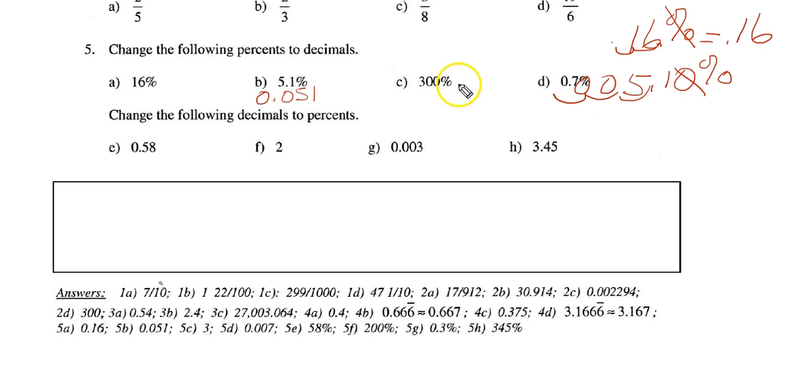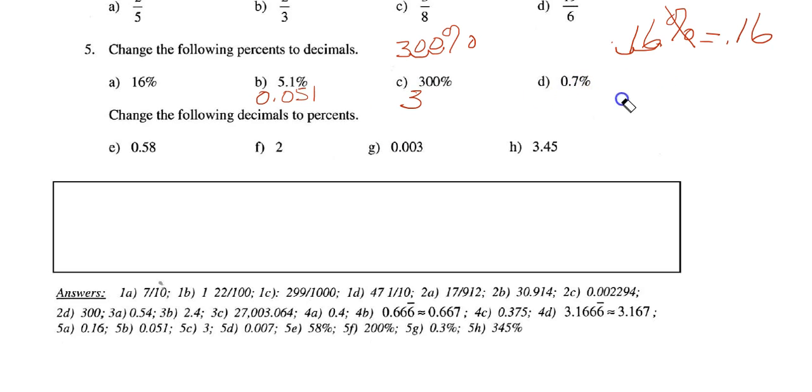All right, 300%. Again, percent stands for 2 decimal places. So I move it over, and this just becomes 3. Now the 0.7%, you write that out here.